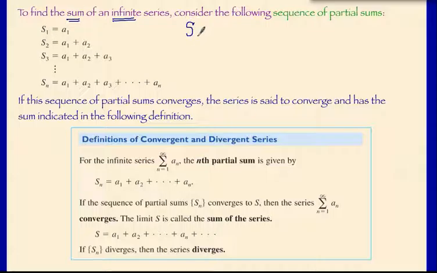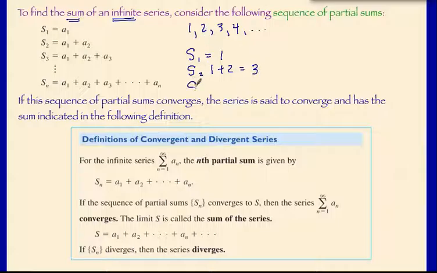S sub 1, for example, if I was looking at my previous sequence, which was 1, 2, 3, 4, etc., my partial sums would be the first term. The second partial sum would be adding the first two terms, a sub 1 plus a sub 2, 1 plus 2, which is 3.